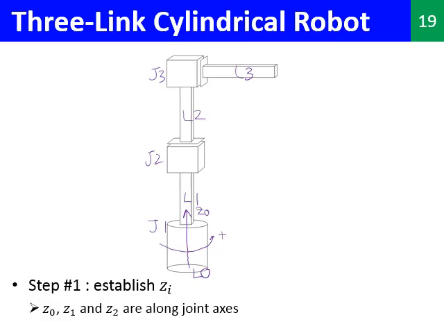Next, for the joint 2, it is a prismatic joint that moves up and down. So again, we can assign Z1 like this. Okay. Third joint is also a prismatic joint moving left to right. So I'm going to assign Z2 in this direction. Okay. So all the Z axes have been assigned.